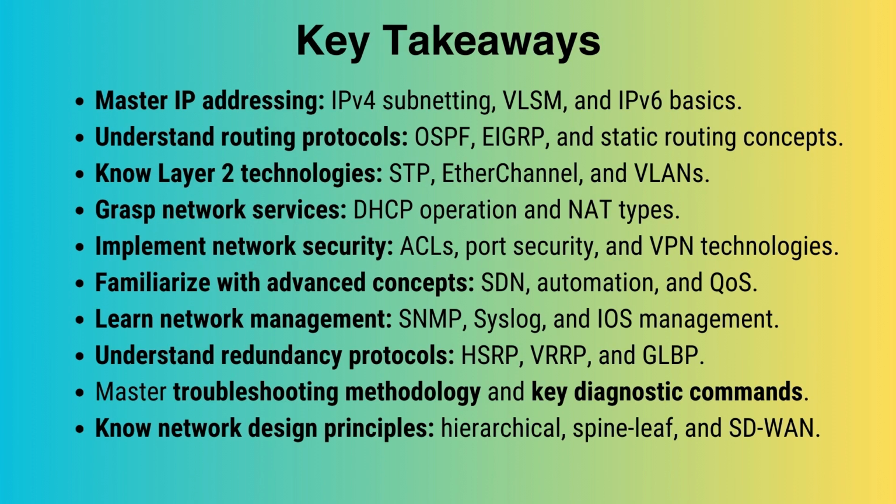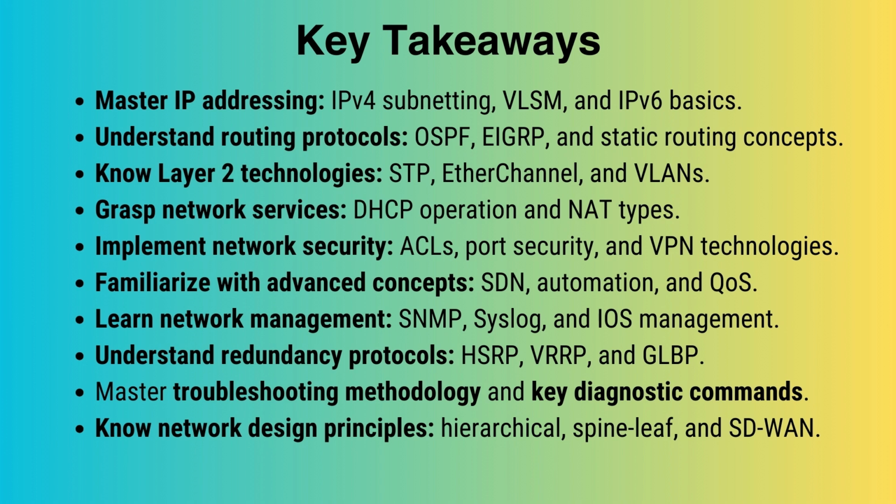As we conclude our review of essential CCNA concepts, it's crucial to integrate these key takeaways into your study and practice routines. First, master IP addressing by focusing on IPv4 subnetting, VLSM, and IPv6 basics, ensuring you can effectively manage and optimize IP address allocations. Understanding routing protocols such as OSPF, EIGRP, and static routing is fundamental for optimal path selection and maintaining network efficiency.